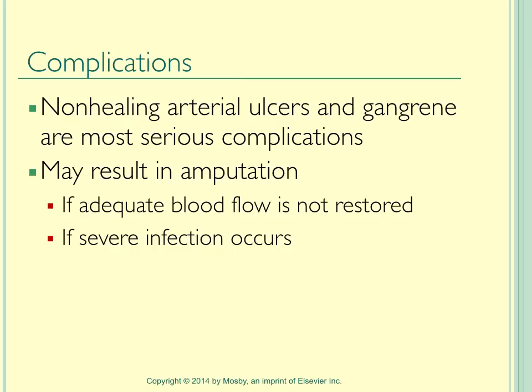Now, non-healing arterial ulcers and gangrene are the most serious complications, and they may result in amputation if adequate blood flow is not restored, or if severe infection occurs. And I think during your rotations in all these four semesters, you must have seen a patient with below knee amputation because of the complication of having an ulcer or gangrene.